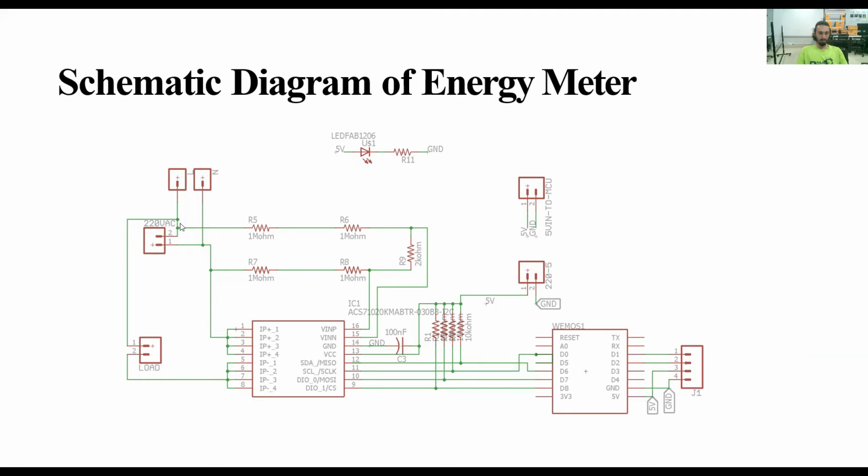And the 220 volt is also given to the step down circuit, and the step down circuit is connected with the positive and negative input of the IC.